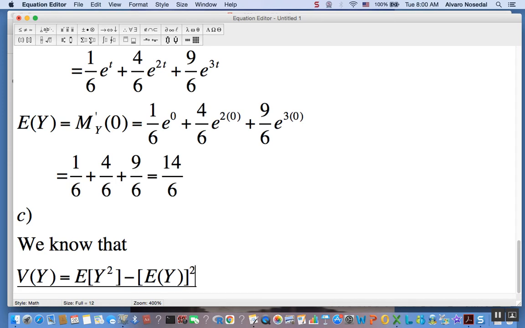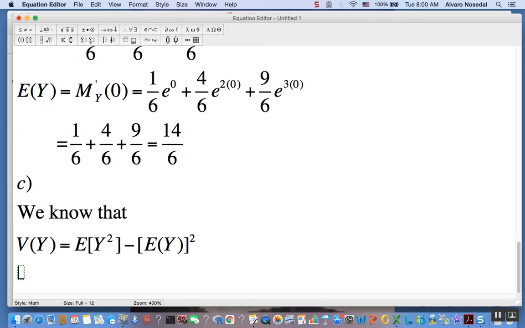Okay? So, let's do this one. We already have the expected value of Y. So finding the expected value of Y squared, no problem. So let's try and find the expected value of Y squared.